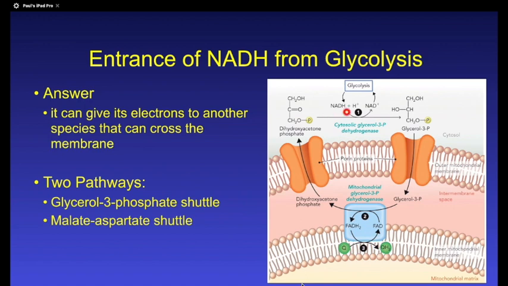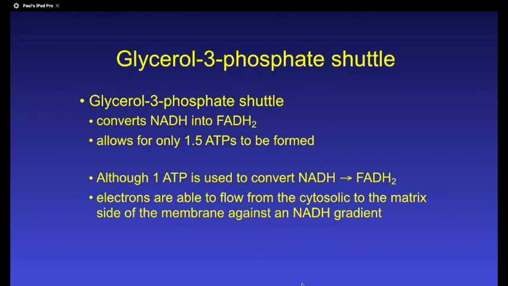And I have to do this twice because I have 2 of these that come from glycolysis. And so I can only get 1.5 rather than 2.5. And so for the 2 NADHs in glycolysis, if I use this pathway, I get 2 ATPs less than the maximum amount.